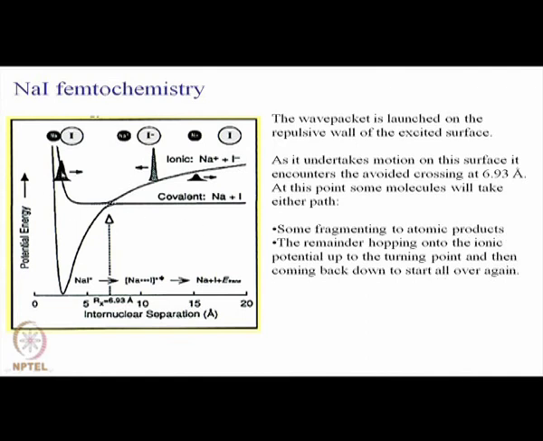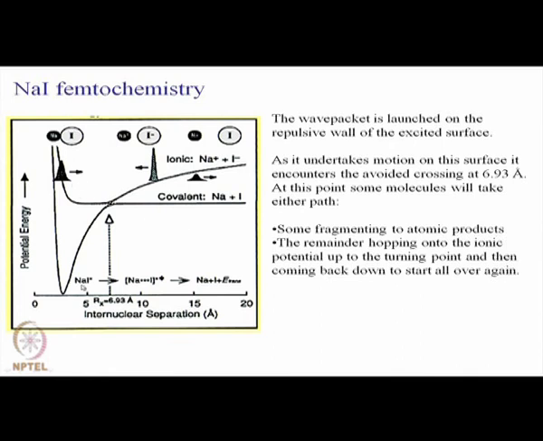So, it is moving to and fro, doing the same motion. Some fraction will pass to the covalent surface, and some fraction will go back to do another round trip excursion.